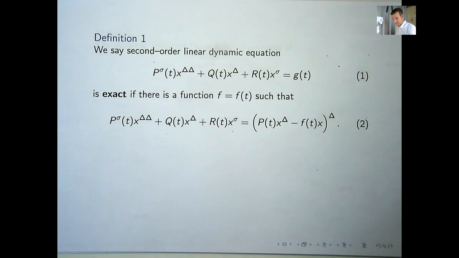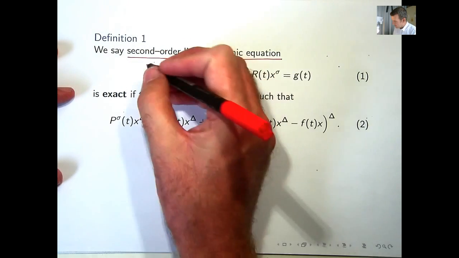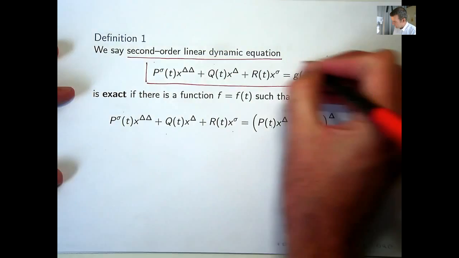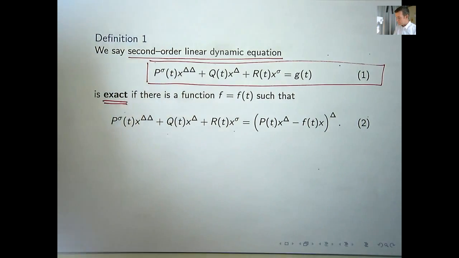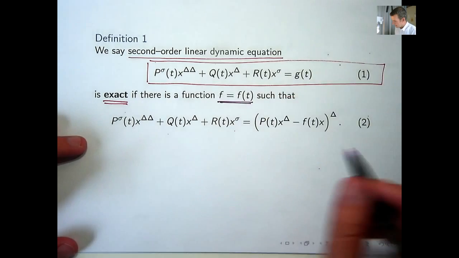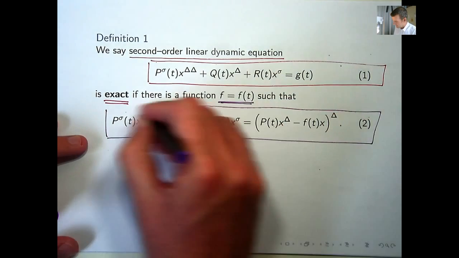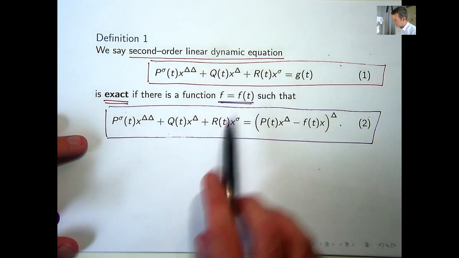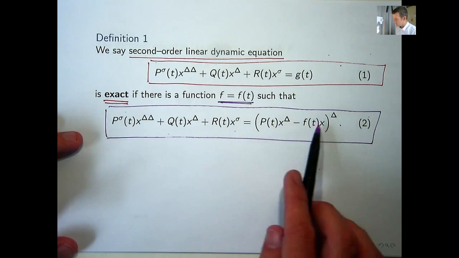Okay, so here is my definition of an exact second order dynamic equation on timescales. We say that a second order linear dynamic equation, equation 1, is exact if there is a function f such that the left-hand side of 1 is just the delta derivative of what's inside the brackets.